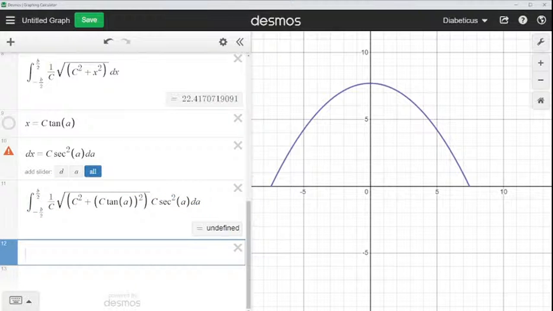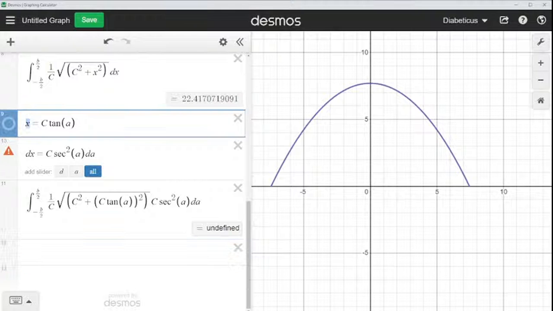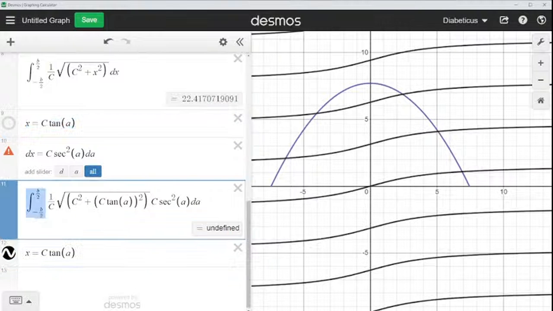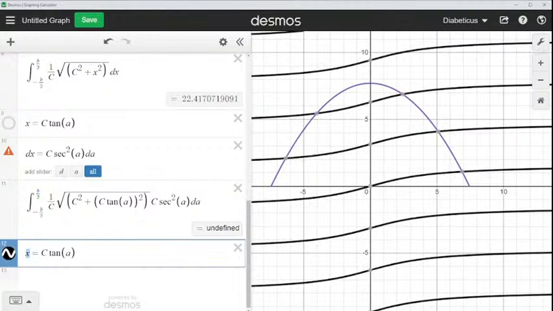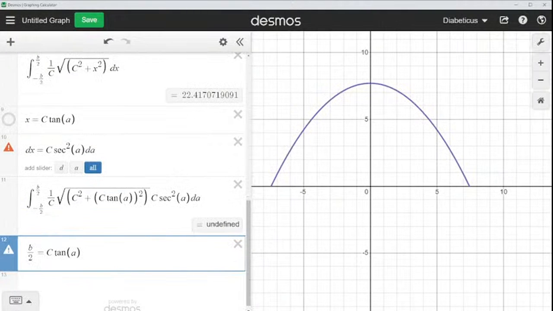Okay, so since we replaced x with c tan a, we replace x with b halves, right? Yeah. And then we solve for, okay, we do this in terms of a, I think.